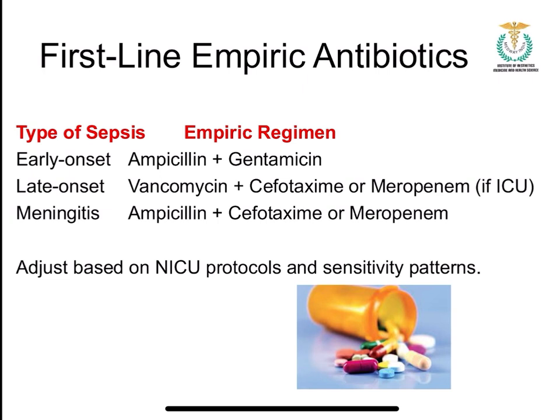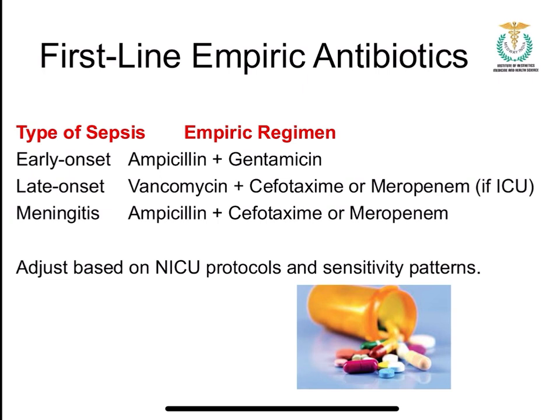So in the first 3 days, if the baby's been admitted to the NICU, the infection from there, if the baby's had any IV lines, any tubes and dressings that have been used for the baby, that can cause infections. And after 72 hours, if the baby starts to show symptoms, which we've already discussed, then it's called late onset.